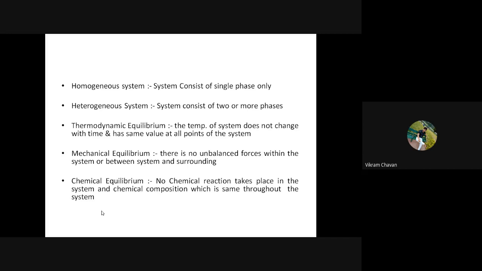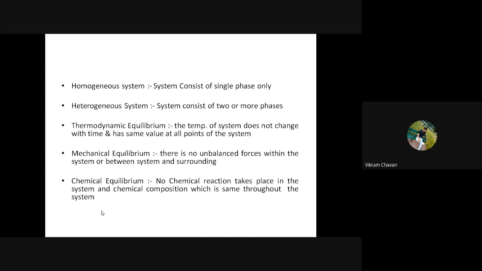Whether it is gas, liquid, or solid, if only a single phase is present in the system, it is a homogeneous system. In a heterogeneous system, two or more phases of a substance are present.